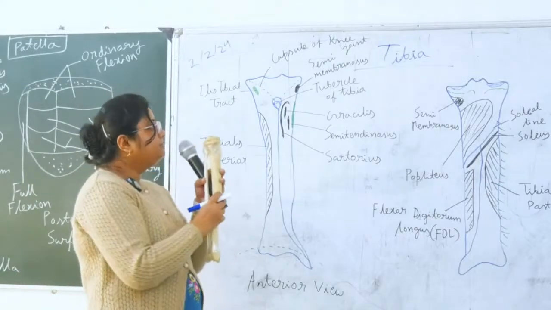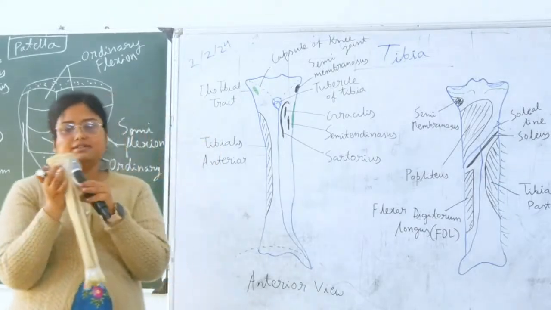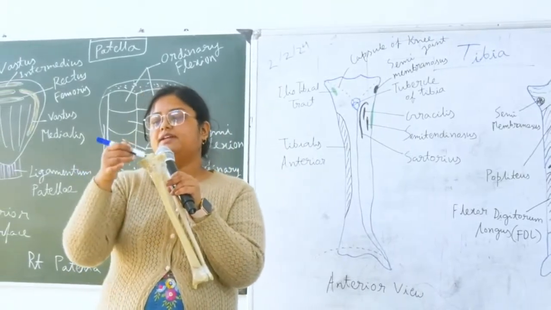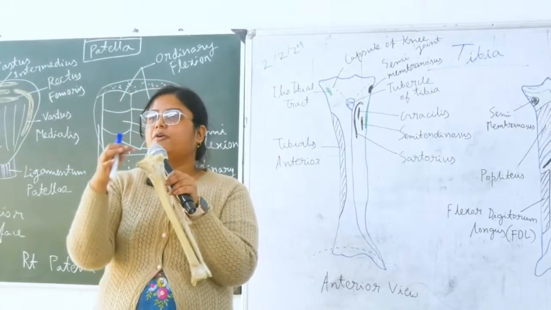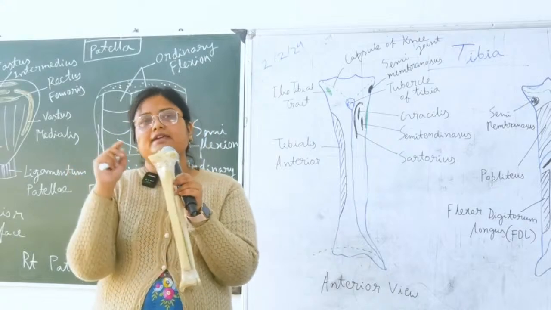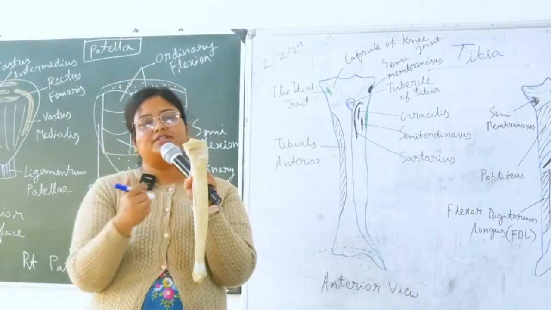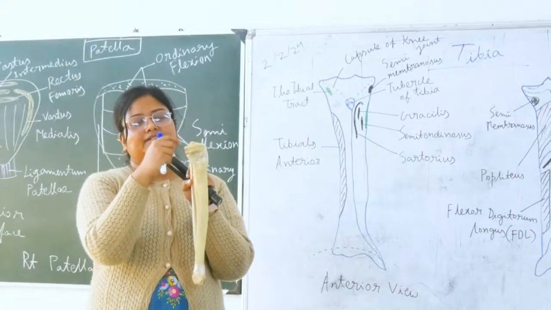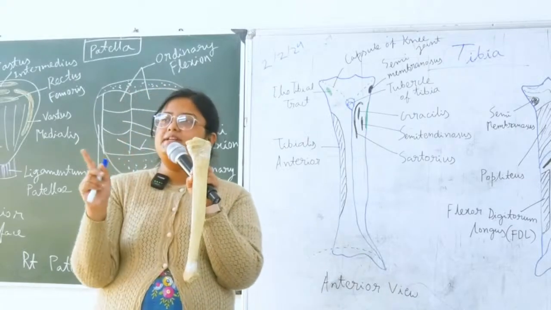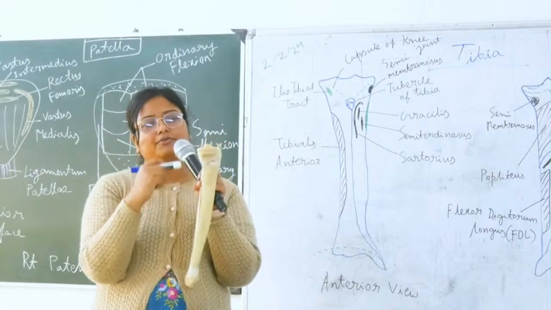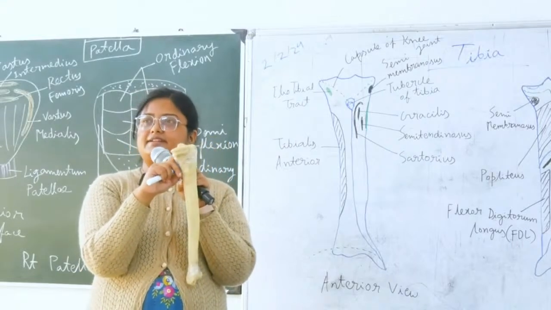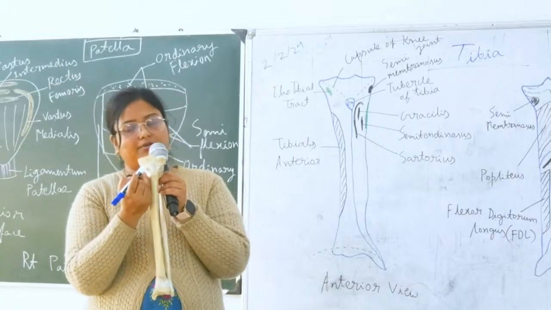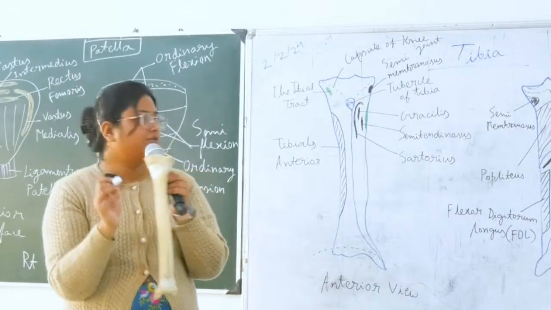Now the attachment of the capsular ligament of the knee joint is important. It is attached along the peripheral margins of the condyles of the tibia, except it is deficient at two regions. In the posterior part of the intercondylar area, it is deficient due to the presence of the popliteus tendon posteriorly over the posterior aspect of the lateral condyle, and anteriorly the attachment extends downward up to the tibial tuberosity.